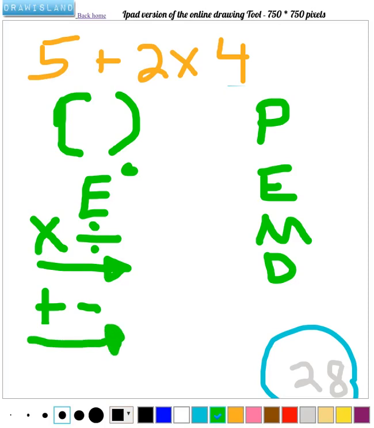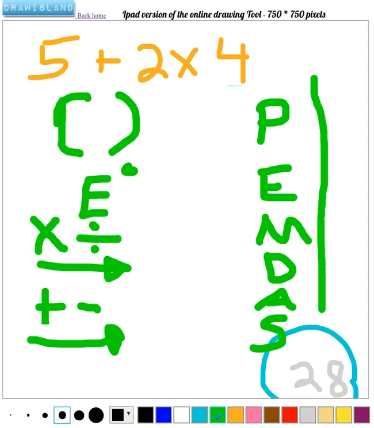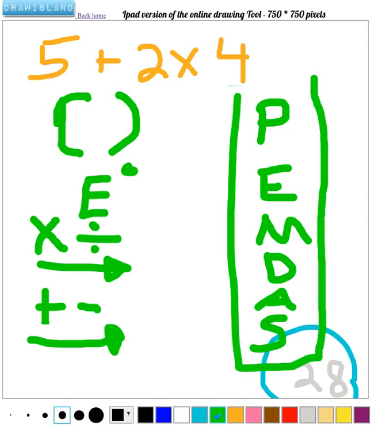As you can see, it spells PEMDAS. A good way to remember it is, please excuse my dear Aunt Sally.